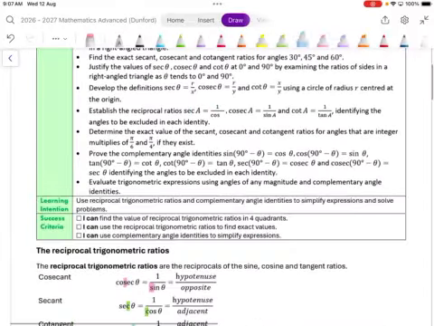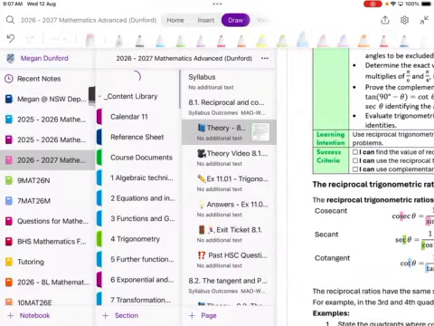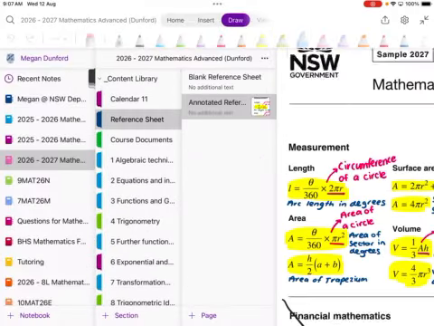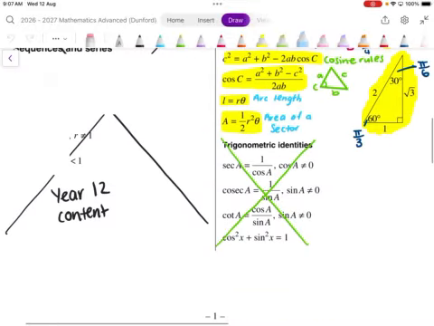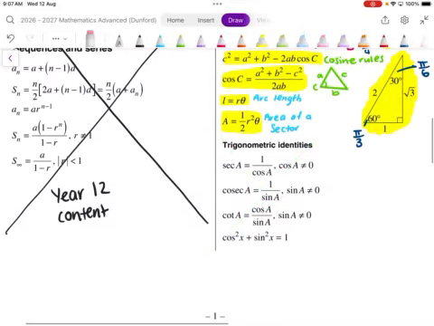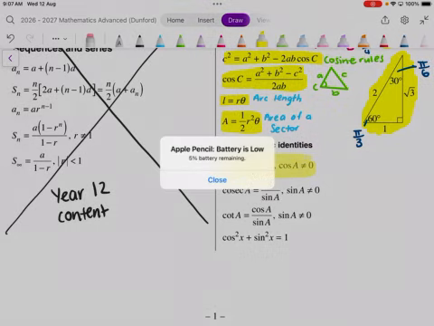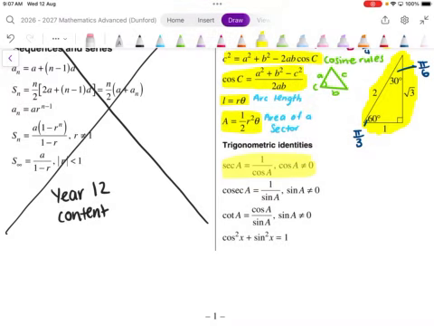Now, I believe on our reference sheet, we do have something on here to help us remember. So I can rub this out now. So we have sec equals 1 on cos A, where we can't have a denominator equal to 0, so cos A can't equal 0.